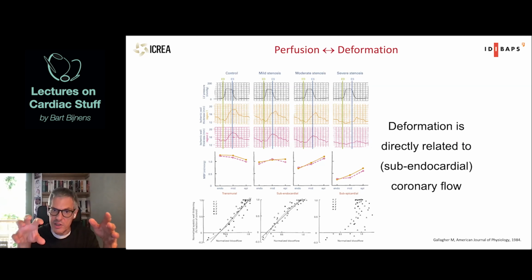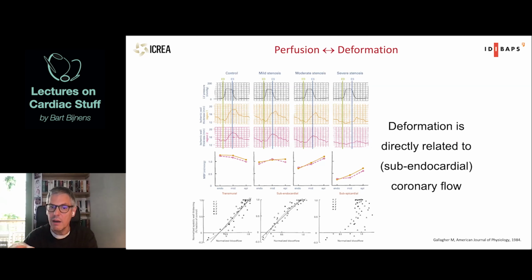And then within the forces, changing loading forces are as important as the changes in contractility. And changes in loading forces are predominantly pressure, obviously. So pressure modulation will modulate deformation, even if contractility change stays the same. And segment interaction would also do that.